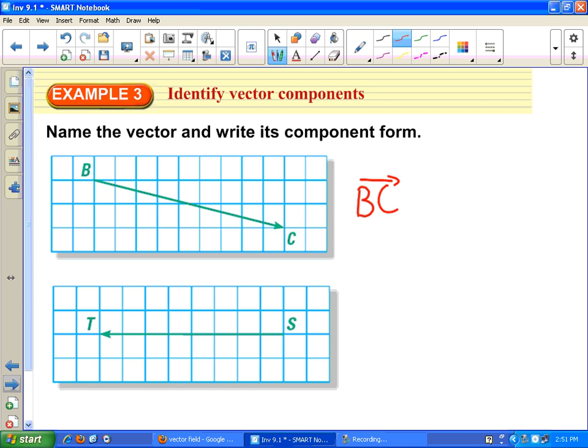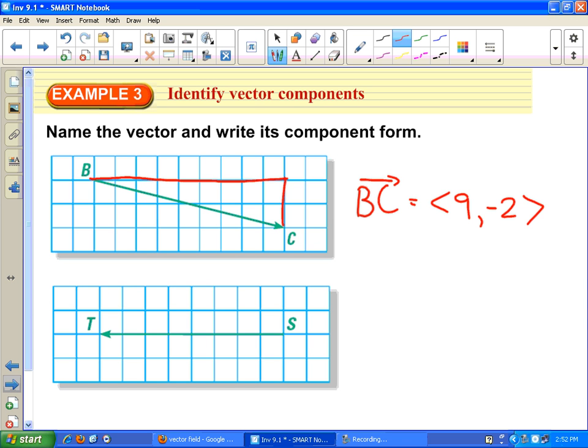I count over 9. It is kind of tough to see. Over 9. And then I go down 2. Negative 2 because it's going down. Yep, you have to start at B because it doesn't have the arrow.